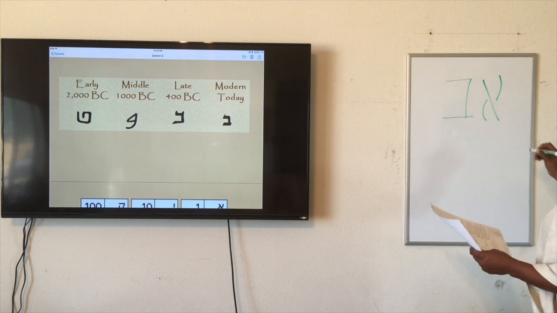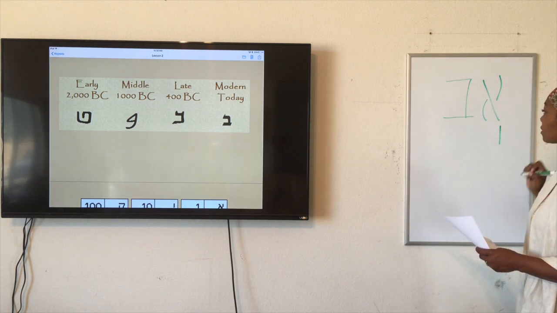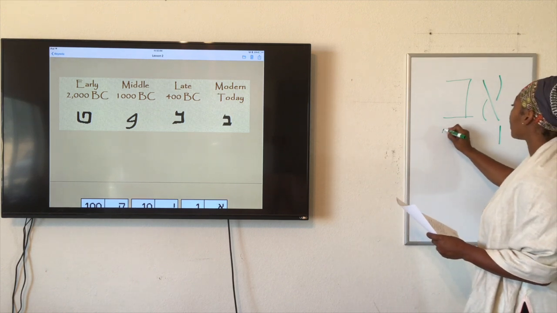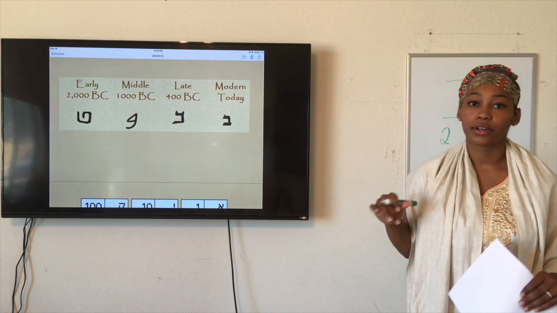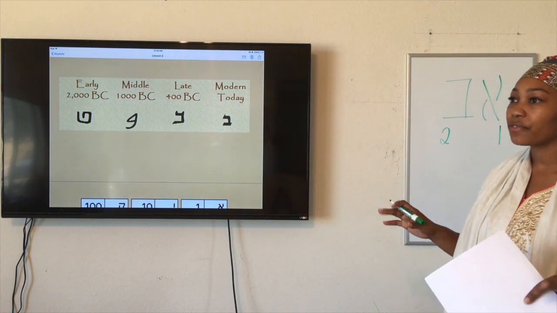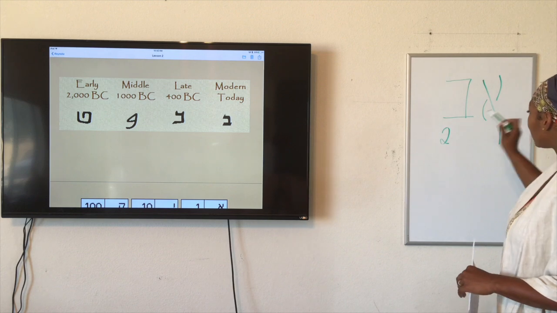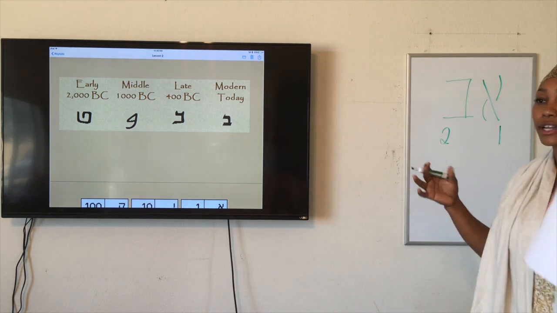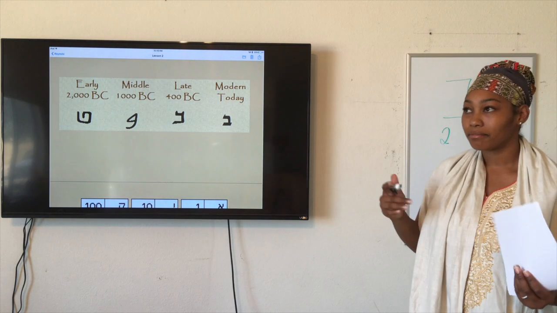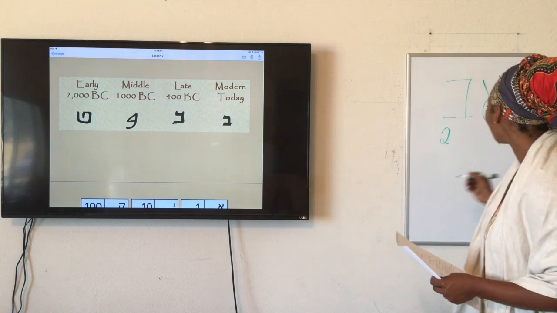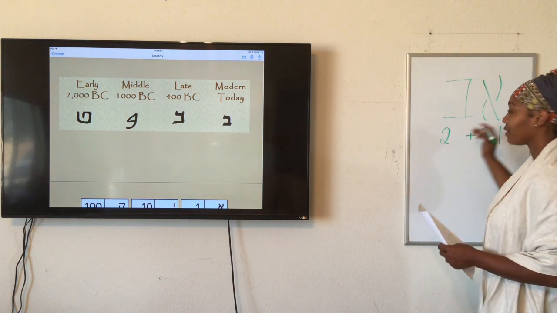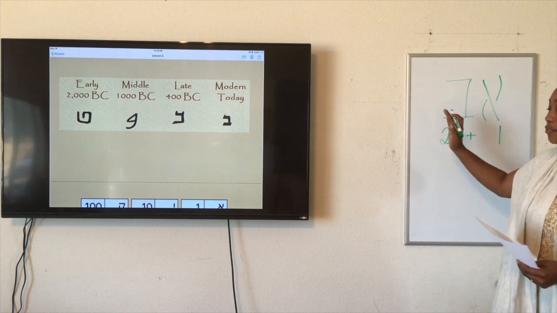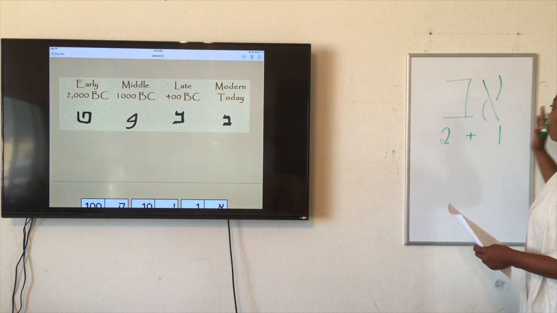The Aleph has a numerical value of 1. We learned this. And the Bet has a numerical value of 2. Okay, so this is where we're going to get into what I was talking about earlier, which is gematria. Nothing fancy. It's that when you add up Hebrew letters and numbers, you get a sum. And so the sum of 1 plus 2, because we're going from right to left. Remember that when you're doing your Hebrew work, right to left.